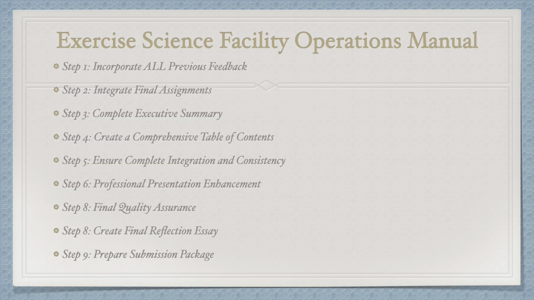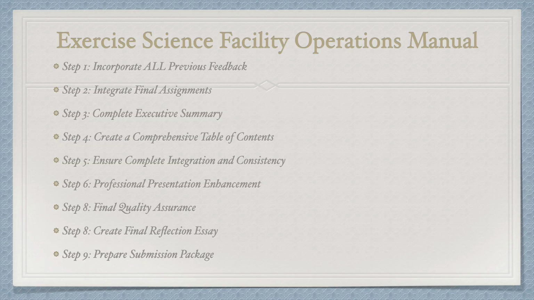Step 6, final quality assurance. Comprehensively proofread. Read the entire document, start to finish. Check for typos, grammar errors, and spelling. Verify that all sentences are complete. Ensure professional tone throughout. Remove any casual language or informality. Check all calculations in the budget again. Technical review: test all hyperlinks if you have hyperlinks. Verify page numbers. Check table of contents accuracy.